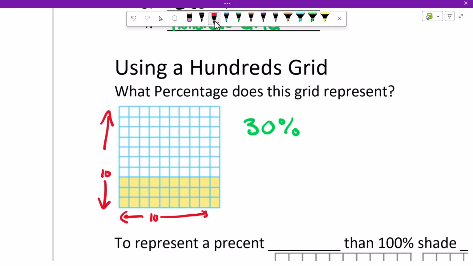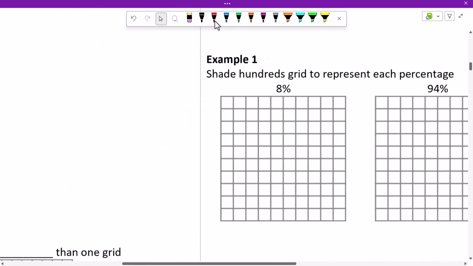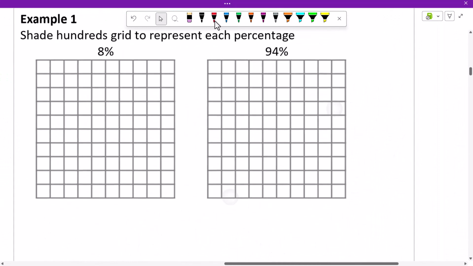All right? So, instead of counting, sometimes you may be asked to draw. So if I say you have 8%, and I want you to color in the picture for it, how many boxes would you shade in? 8.